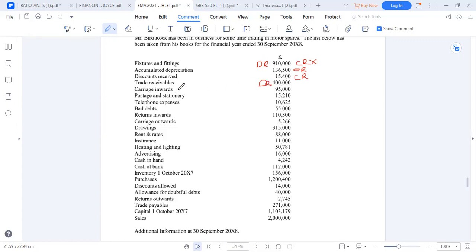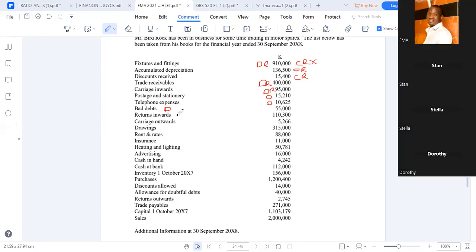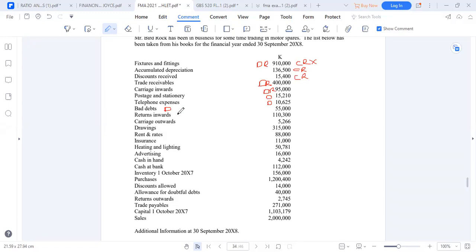Carriage inwards. Debit. Postage, debit. Expenses, debit. Bad debts, debit. Returns inwards, credit. Credit, yes. Carriage outwards.